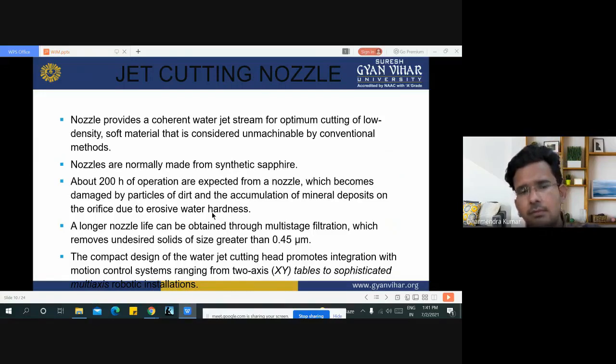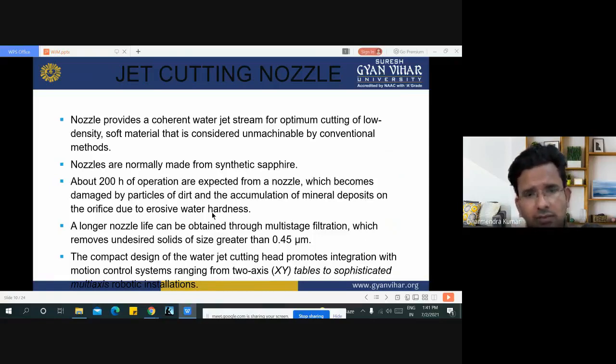About 200 hours of operation are expected from a nozzle, which means the lifespan of any nozzle you are using in water jet machining is up to 200 hours, after which it becomes damaged by particles of dirt and the accumulation of mineral deposits on the orifice due to erosive water hardness.